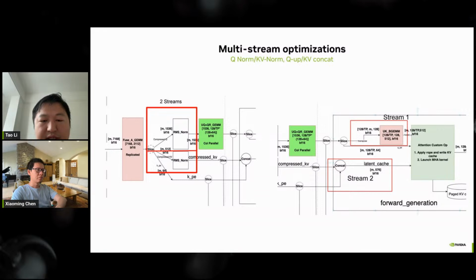These two operations are not related to each other, so they can just run in two CUDA streams. The right diagram shows that in the MLA forward generation function, the concat operation and the batch GEMM operation are also not related to each other and can run in two CUDA streams.